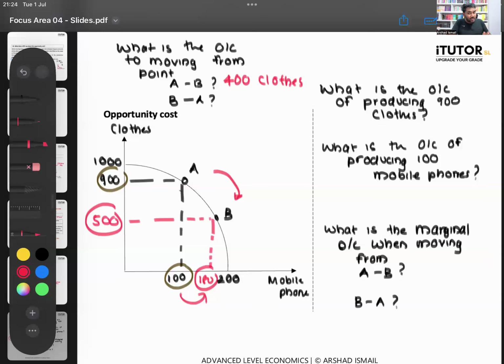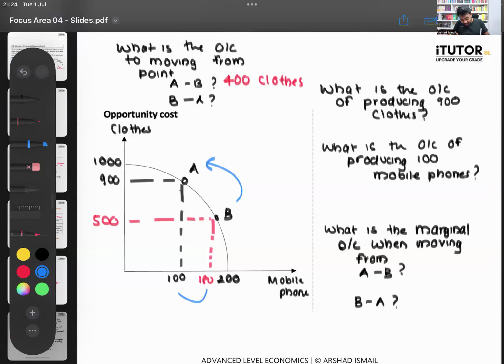What is the opportunity cost of moving from B to A? Let's say you were initially at point B. Now you went from B to A. What are you sacrificing now? You're going this way now. Now what are you sacrificing? At point B, you were producing 500 clothes, 180 phones. Now when you go to A, you're producing 100 phones.